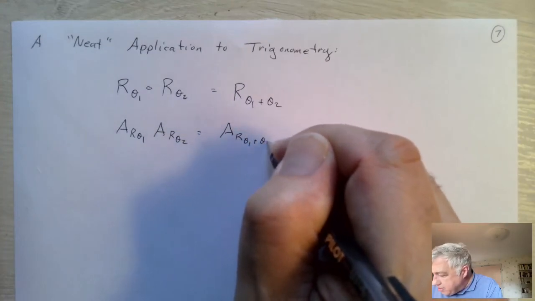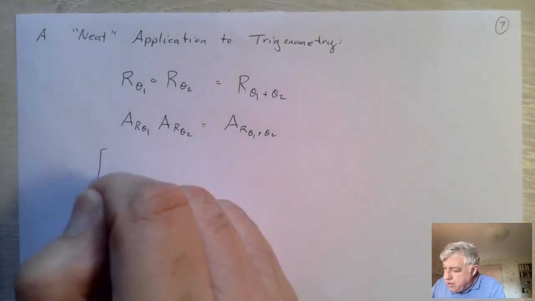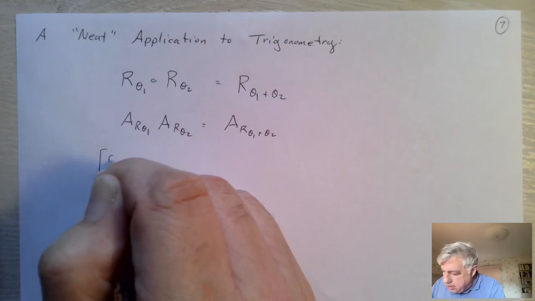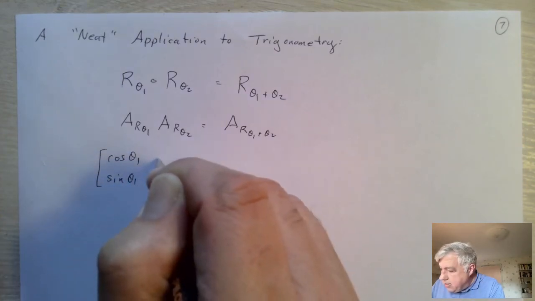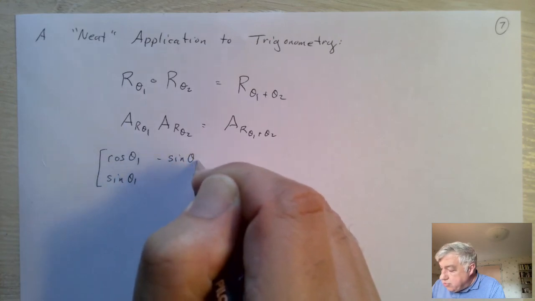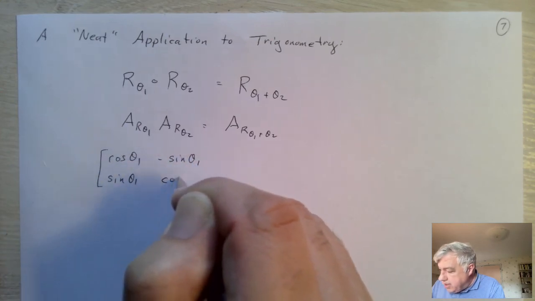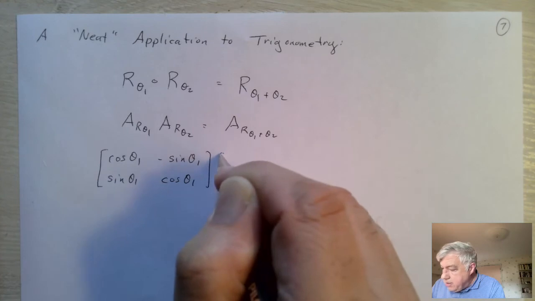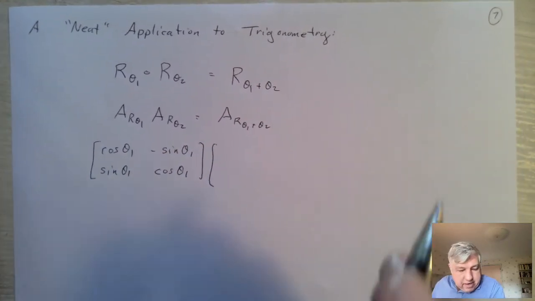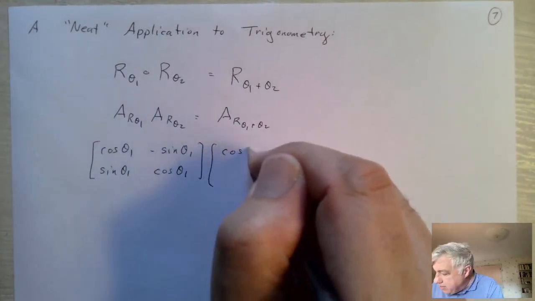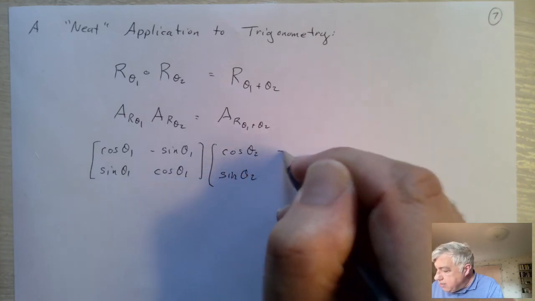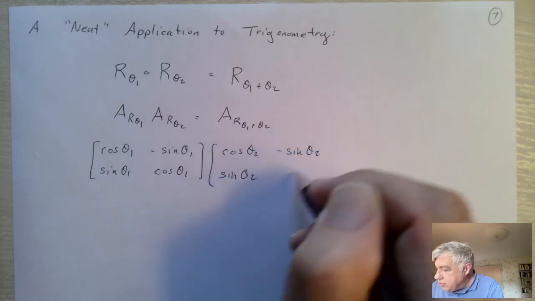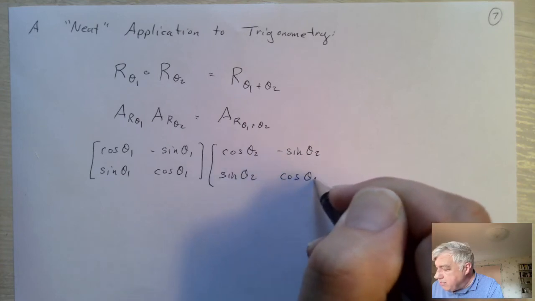Okay, and so we know that this is going to be [cosine theta 1, sine theta 1; minus sine theta 1, cosine theta 1]. And then we multiply this by [cosine theta 2, sine theta 2; minus sine theta 2, cosine theta 2].